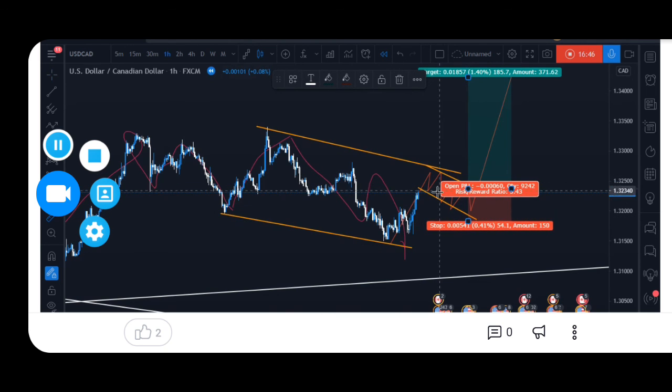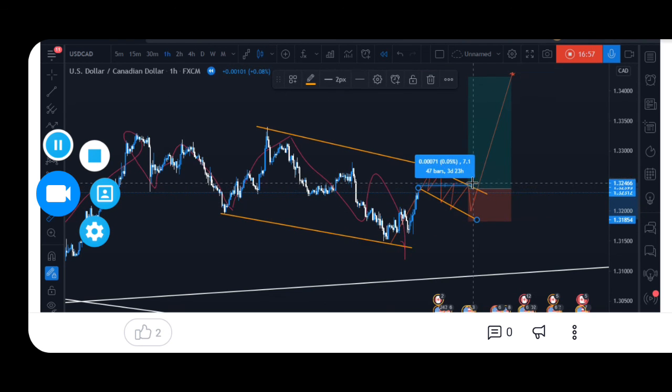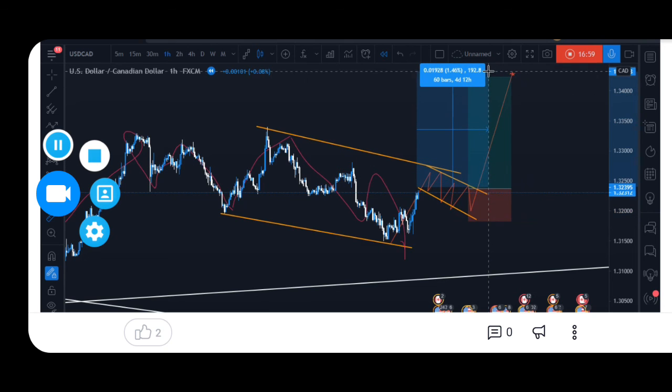So right here, if you're risking about 1% of your account, your stop loss is about somewhere around 50 pips, and your take profit is about 200 pips. So obviously, guys, this would be a trade that you would have to hold on maybe for the whole day for it to reach your target. But other than that, if you are trading on a much bigger account, you obviously don't need to hold on to the trade.